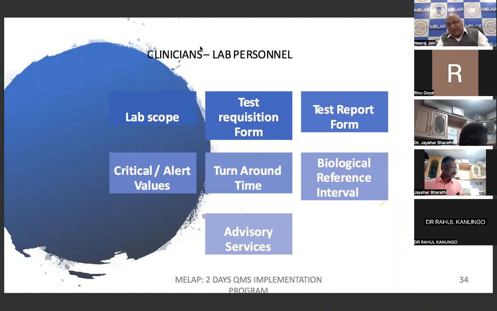It is given in the laboratory activities, 5.3.3. 5.3.1, general information, 5.3.2, conformance with requirement, and 5.3.3, advisory activities. Now the term is advisory activities. Very good.